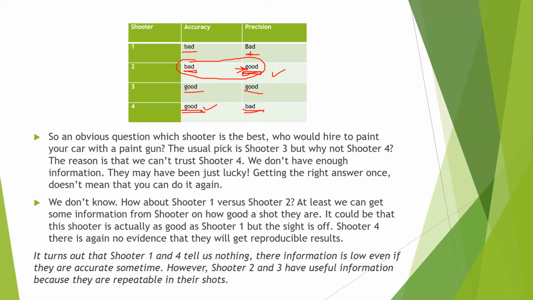You know that they are precise, and then maybe what you can do is fix the accuracy. Number 4 might be good, but with only one shot, you can't tell.